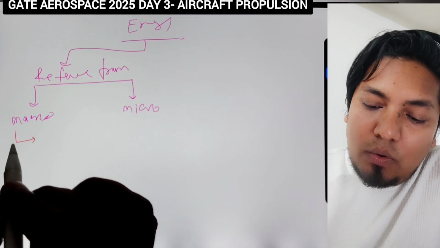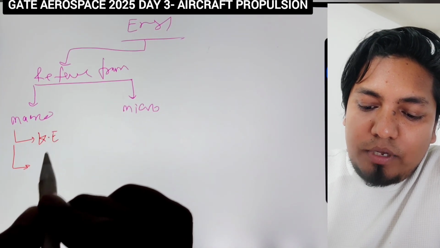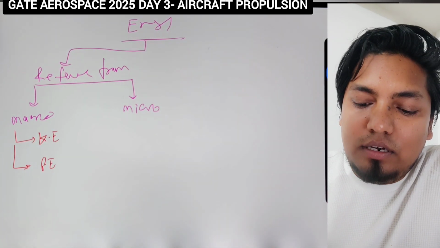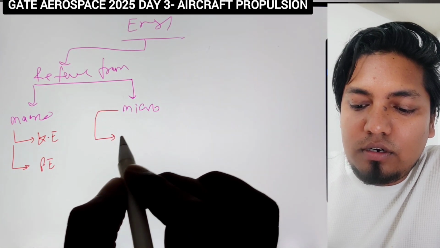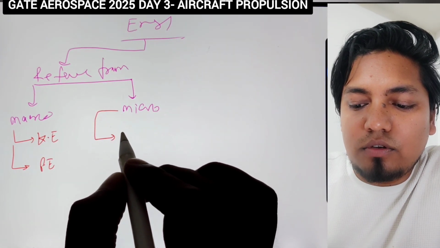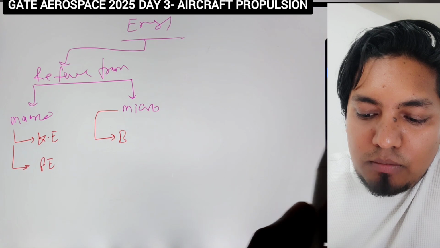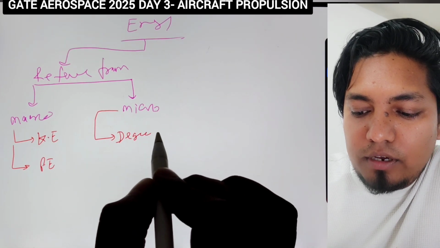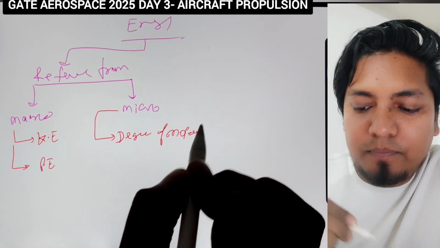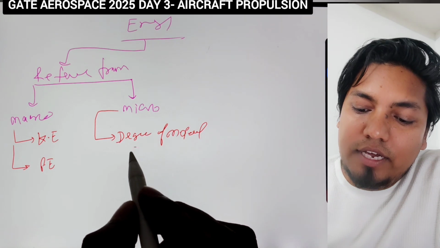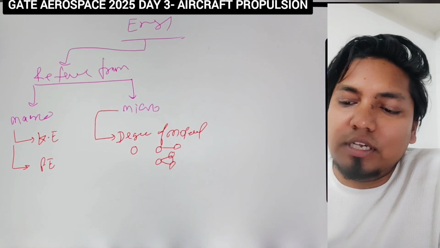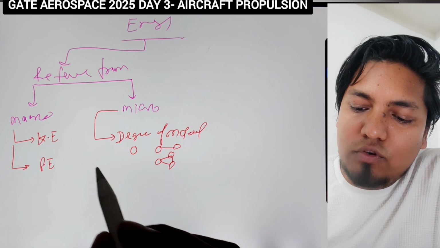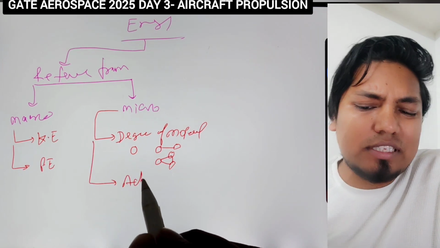Now, when you talk about microscopic, again you can divide based on the degree of molecules. What do you mean by degree of molecule? Monoatomic, diatomic, triatomic. You will have different types of energy based on the activity of the molecules. Anyway, you don't have to focus on these things, even this, simply just for an idea.